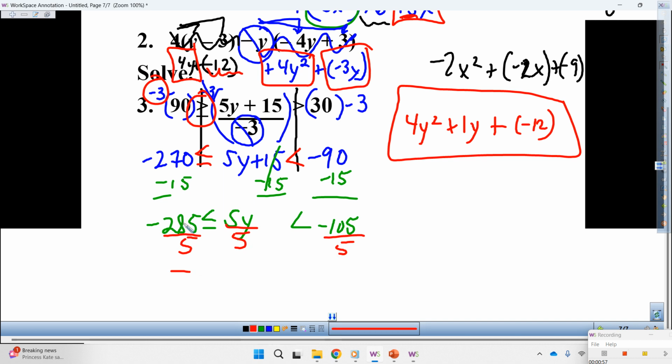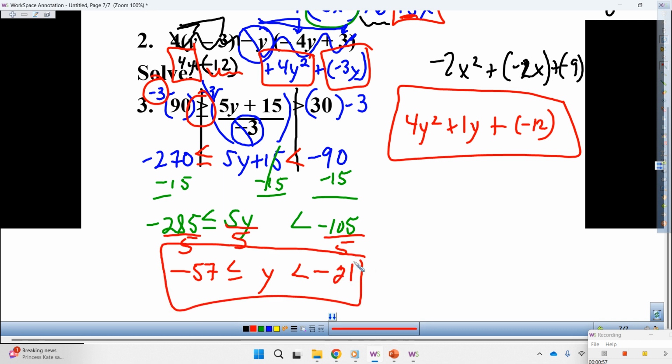This leaves us with negative 57 minus 21. Hands if you got something like that. Some of you, okay. Let's write it in the solution set. Solution set of y such that.